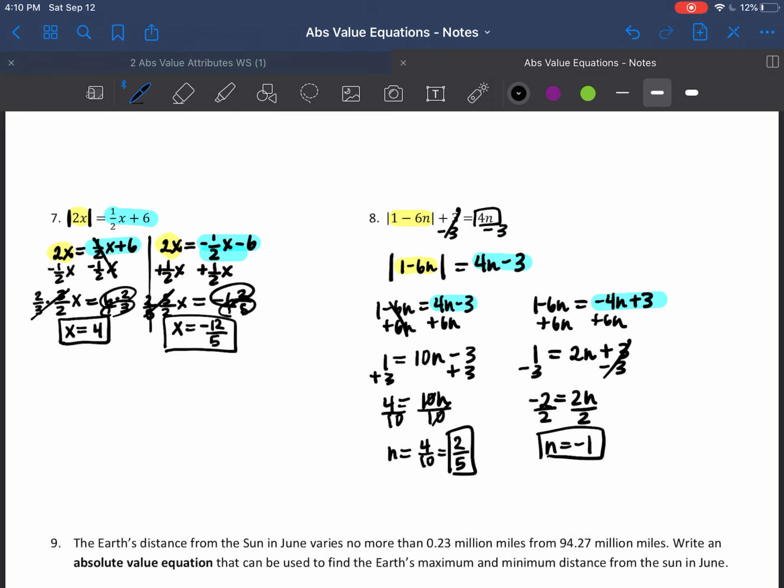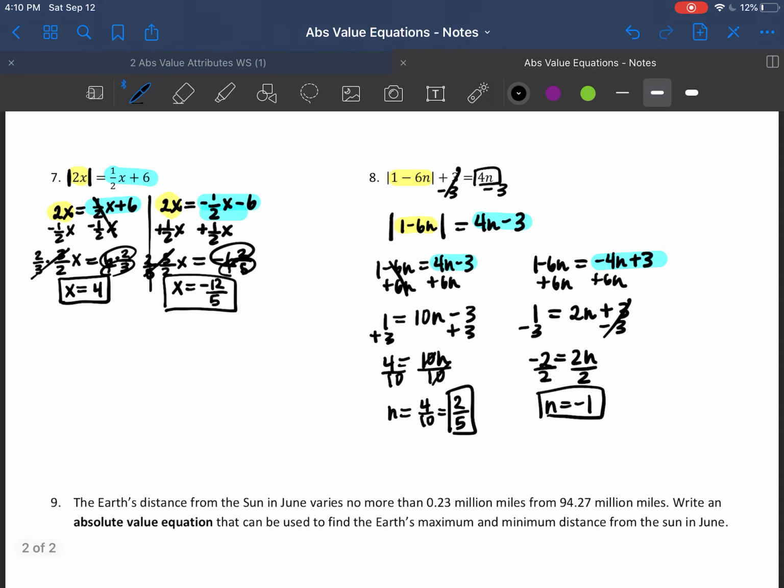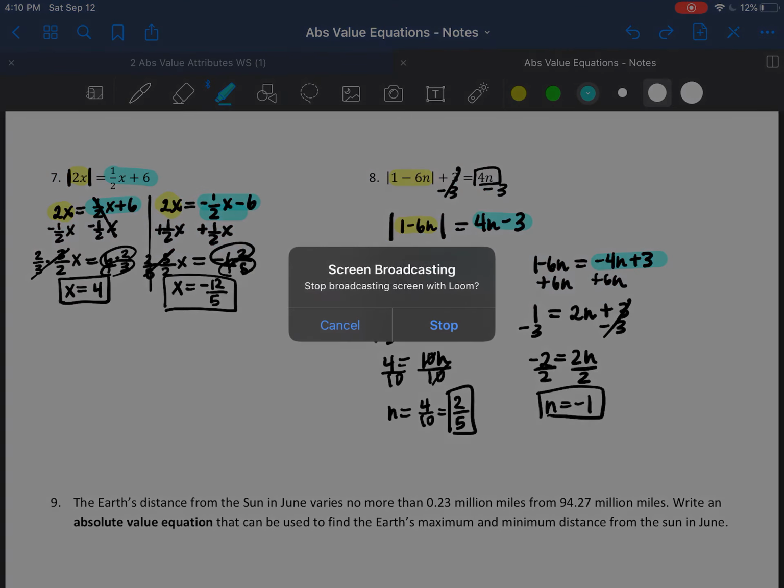All right, so those are our two solutions. Now, I'm going to have you plug these in, both of these solutions, into both sides of each equation. I'm going to restart the video to explain what happened.